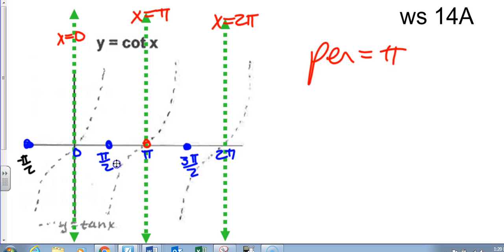Everywhere that this graph was small, the reciprocal will be large. Everywhere it was large, the reciprocal will be small. Everywhere it's positive, the reciprocal will still be positive. So it's going to go like this.